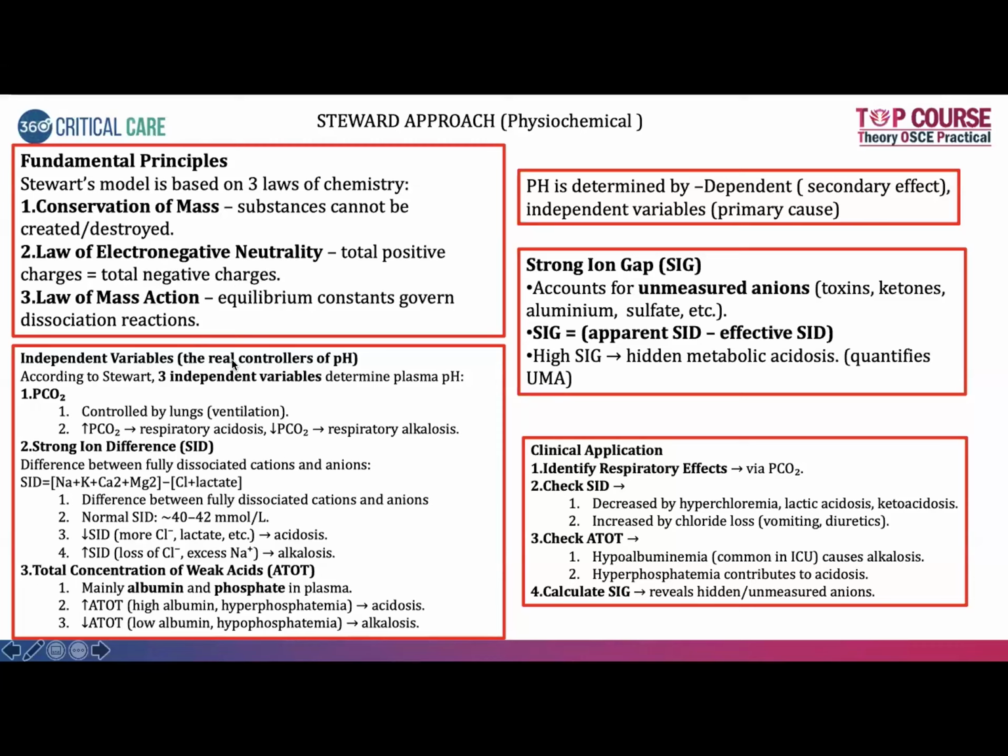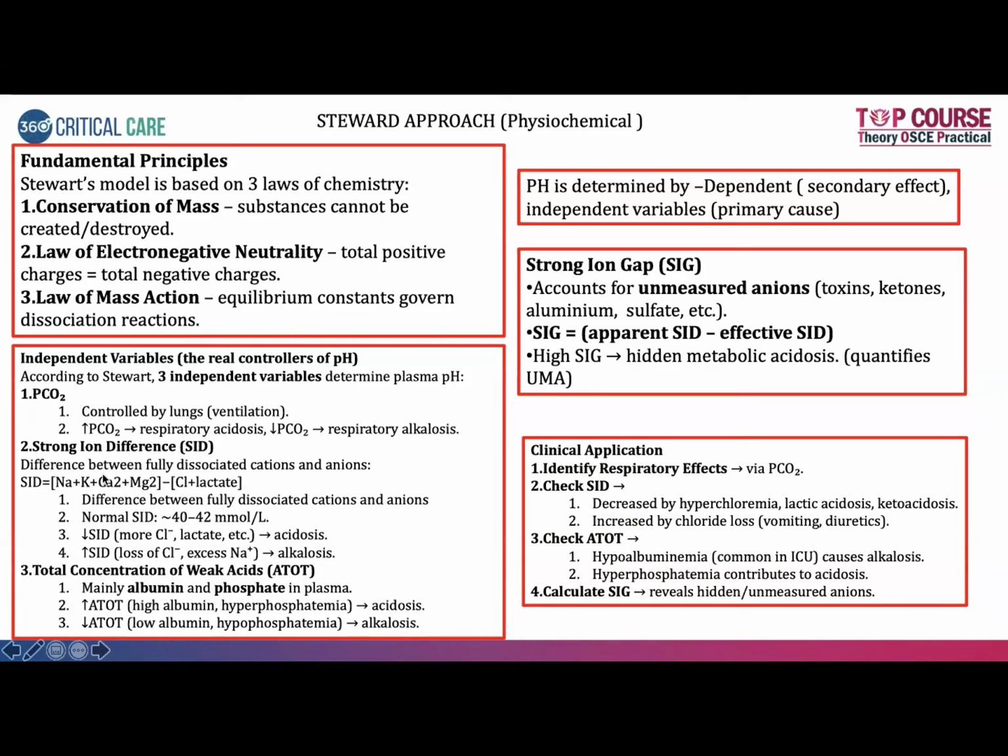Three independent variables are considered, and all the others are dependent variables. The independent variables are PCO2, strong ion difference, and ATOT, the weak acid. PCO2 is controlled by the lungs. What are the strong ions? Strong cations are sodium, potassium, calcium, and magnesium, minus your strong anions, chloride and lactate.